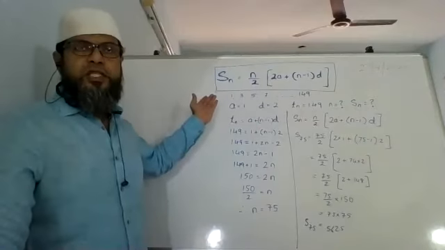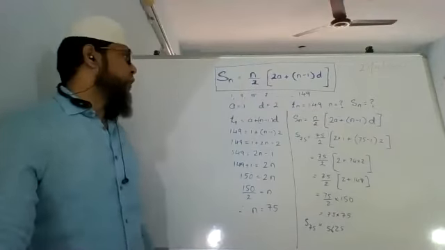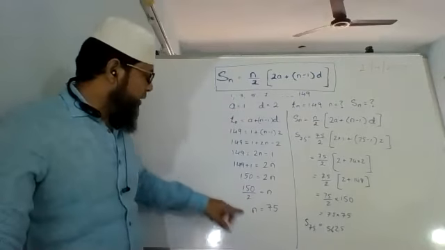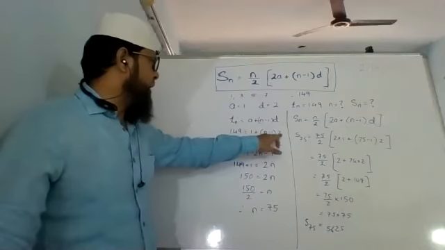Of course the question said find the sum, so Sn also has to be found out. Using the formula Tn equals a plus n minus 1 d, we first found out n by substituting the values of a and d.